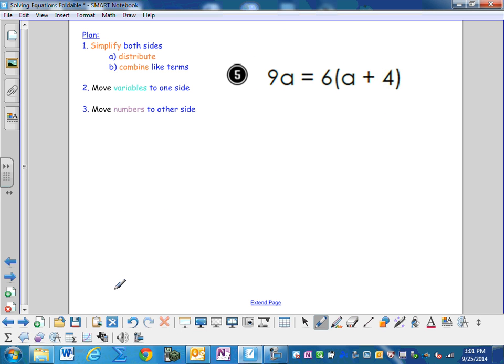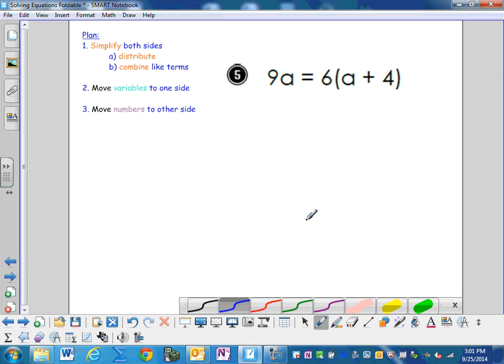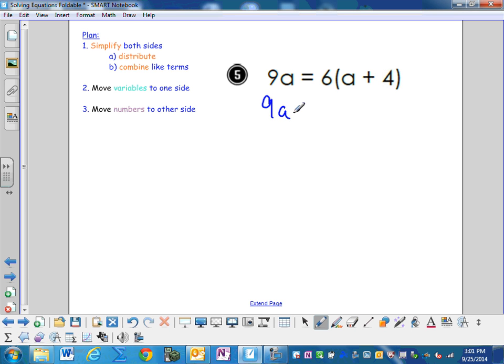All right, number 5. So number 5, we have 9a equals 6 times the quantity a plus 4. So the left side of this equation is simplified, but the right side is not. It has parentheses. I need to apply the distributive property. So I'm going to do that. 9a is equal to 6a plus 24.